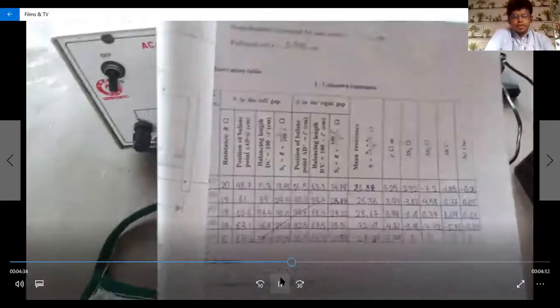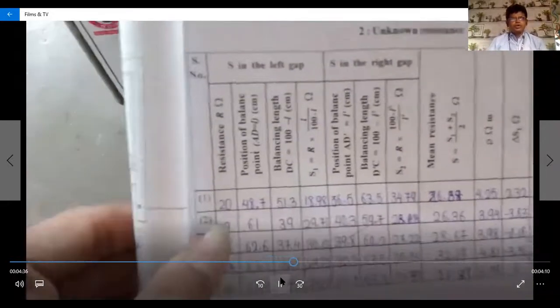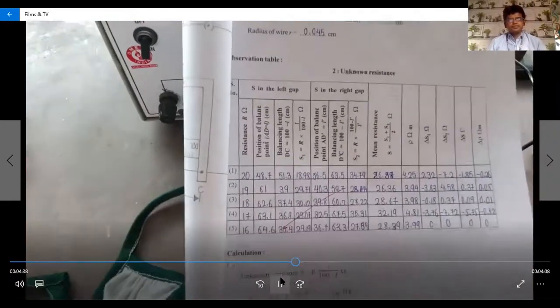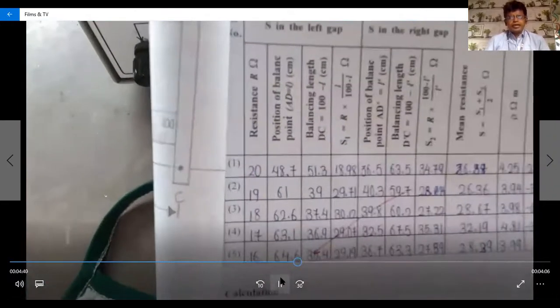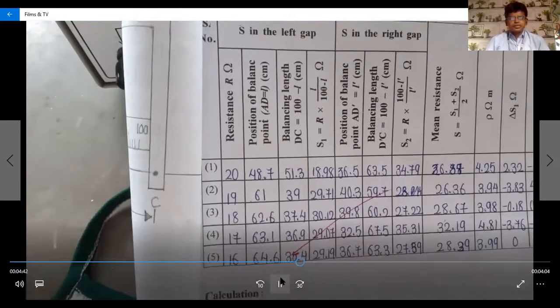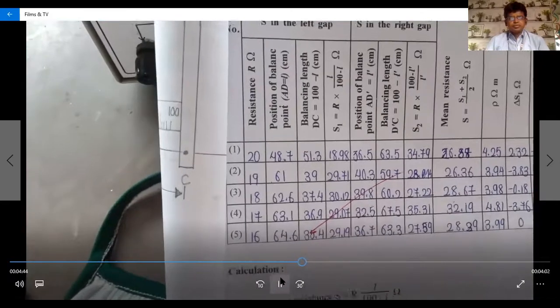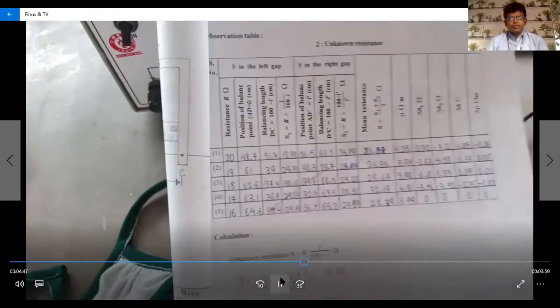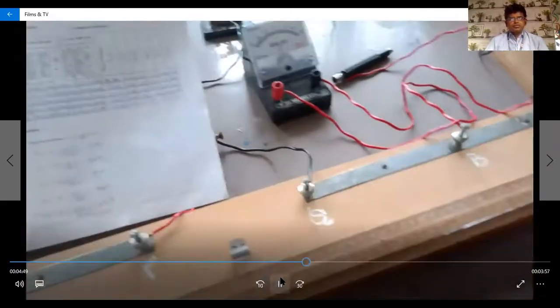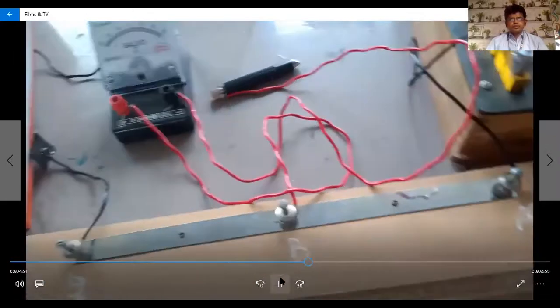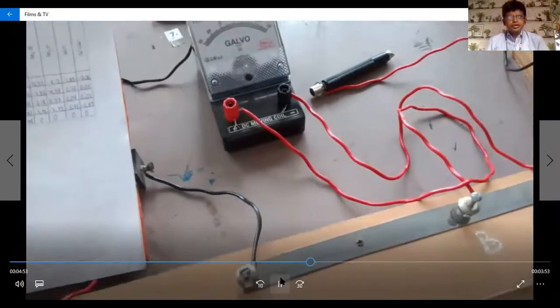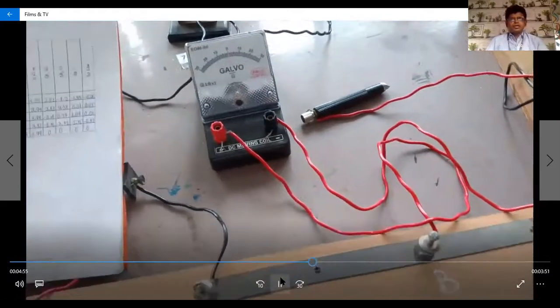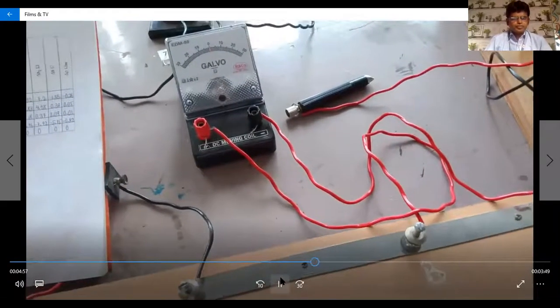Now we start our practical. As per the table, we have the non-value of 20 as the first. But sometimes the examiner does not give the value. He asks all of you to decide the value. So how is it possible? At that time, without passing the current, the G meter is at 0.